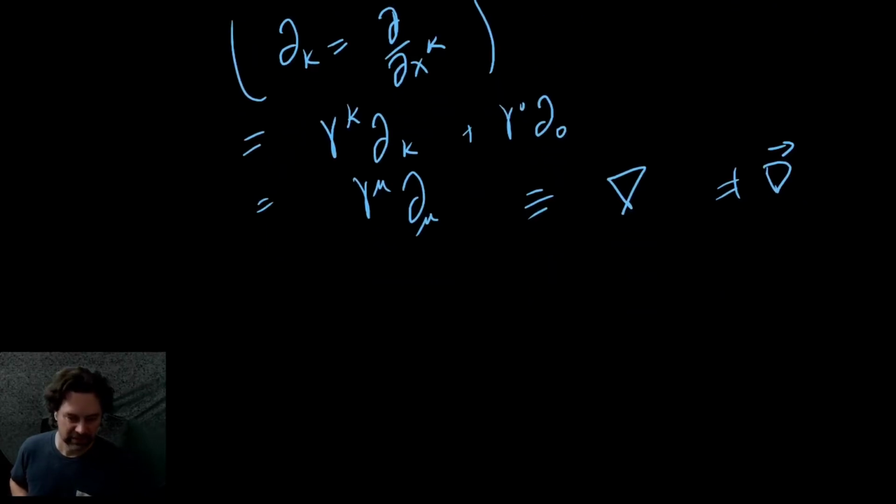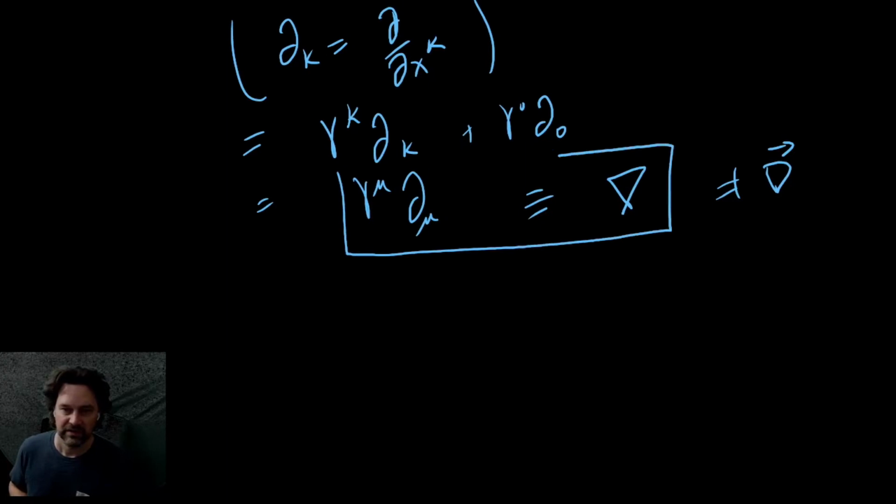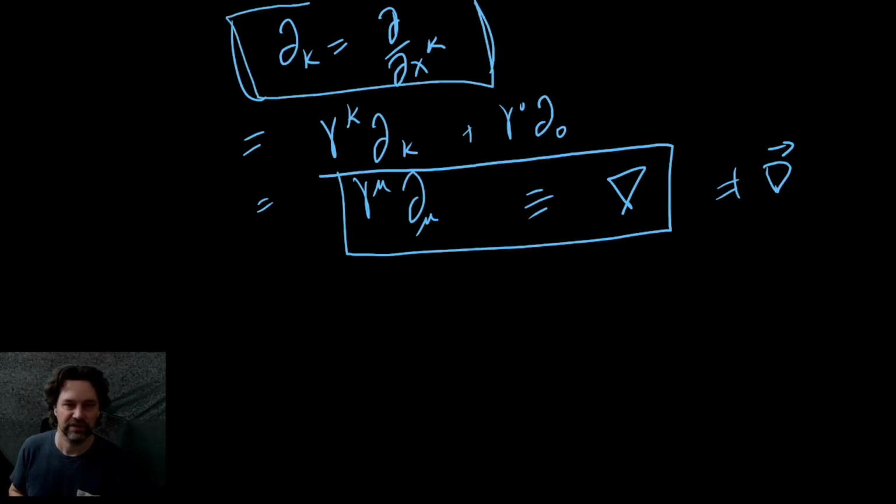So our nabla space-time gradient is this, where ∂_k is the partial with respect to the kth, and ∂_0 is the partial with respect to x^0.